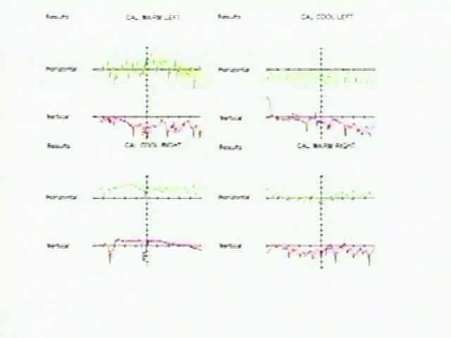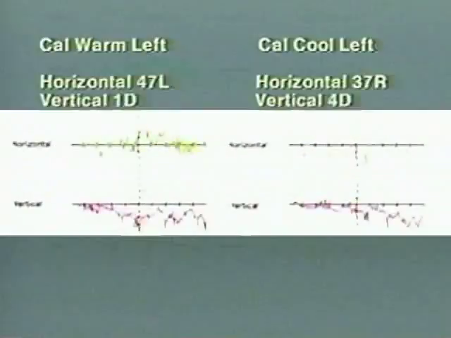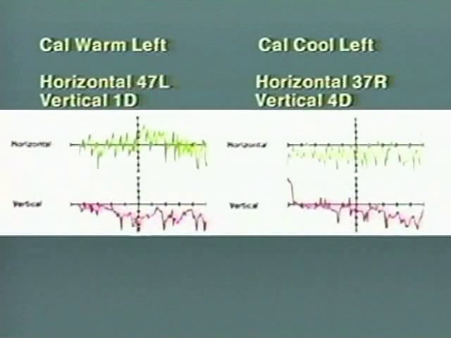In the first example, this patient demonstrates a brisk nystagmus response in both ears with warm and cool calorics. In the caloric warm left and caloric cool left, we see a slow phase velocity of 47 degrees per second and 37 degrees per second, caloric warm left and cool respectively.